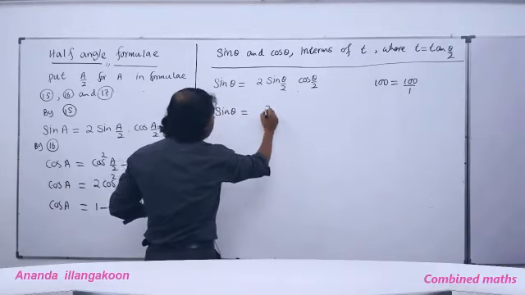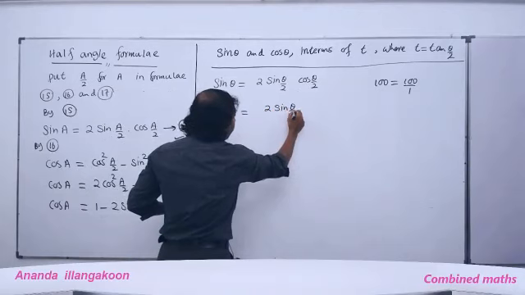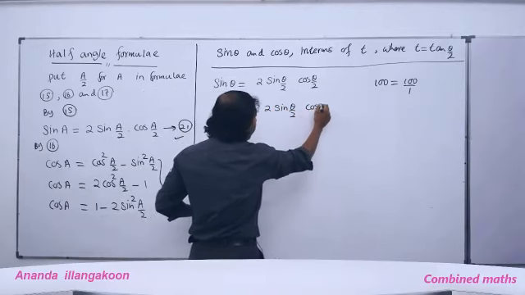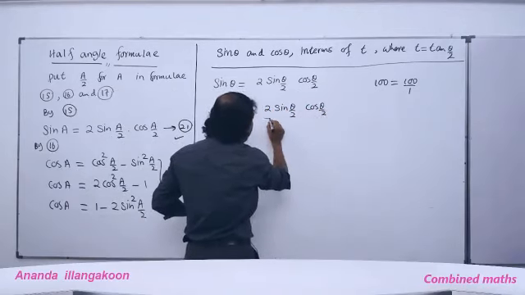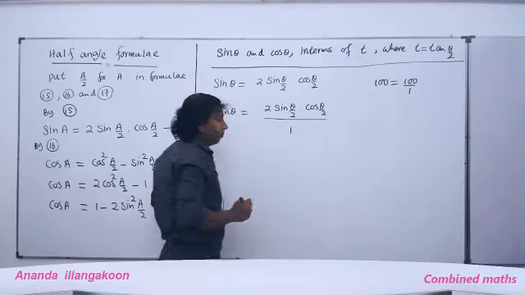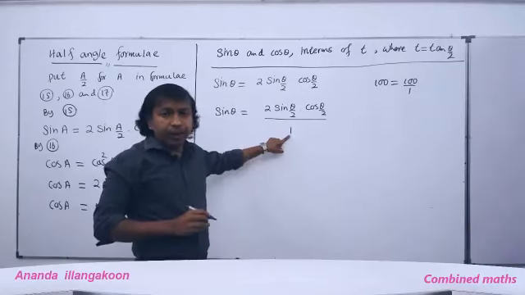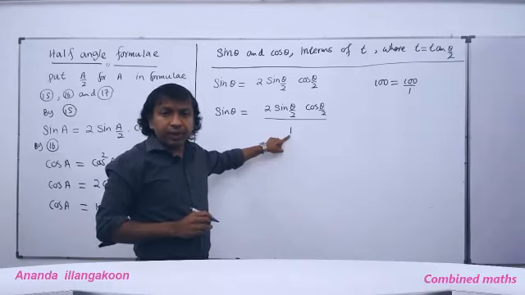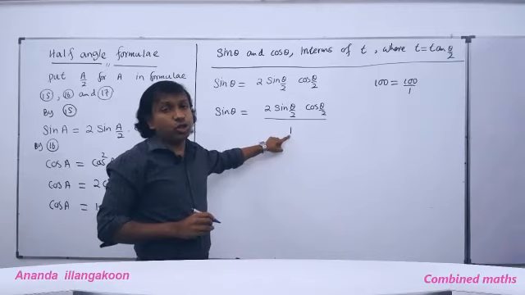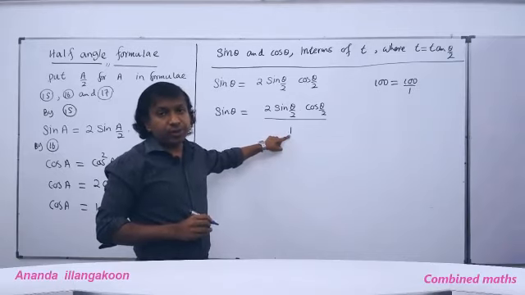Sine theta is equal to 2 sine theta by 2 into cos theta by 2 divided by 1. This one, people, I am going to write by an expression whose value is always 1.